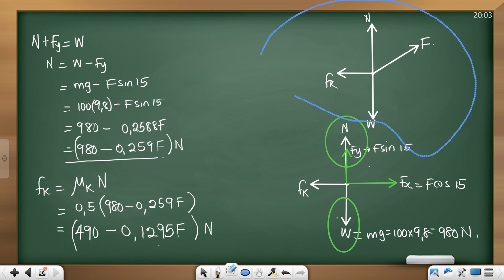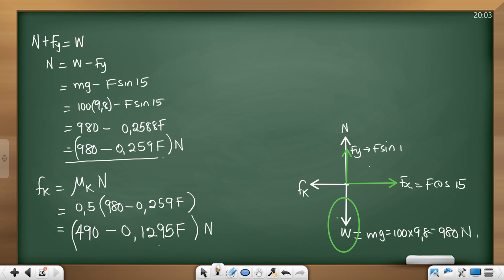Oh, I have the diagram here as well. So F net, now let's first write the formula. F net equals to MA. I'm choosing the direction of motion as positive. So F cos 15 degrees plus friction equals to MA.